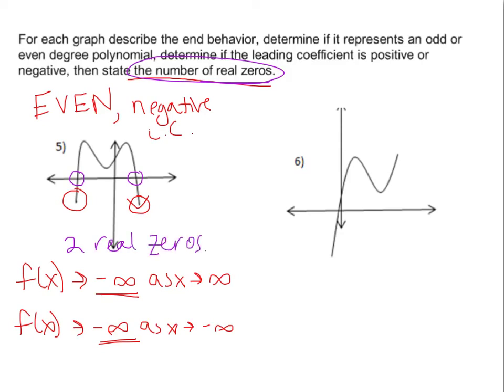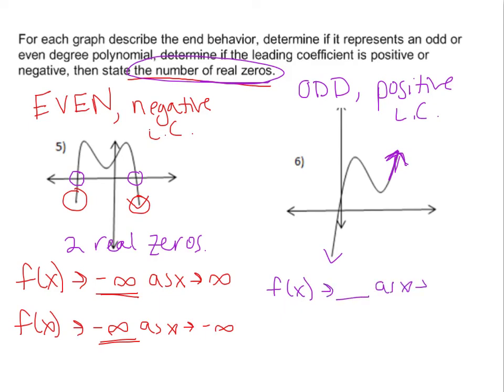Alright, example 6. Notice that our ends are going in opposite directions, so we would call this one odd. On the right-hand side of the graph, it is going up, so this would have a positive leading coefficient. The end behavior: f of x approaches what as x approaches infinity, and f of x approaches what as x approaches negative infinity.